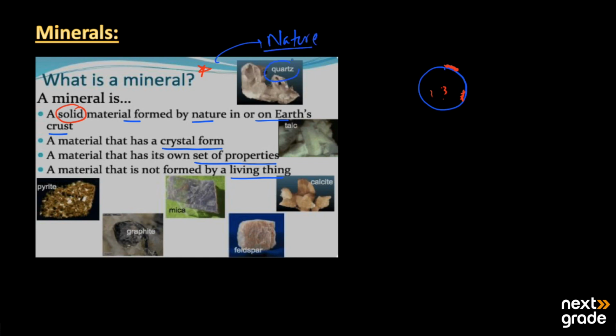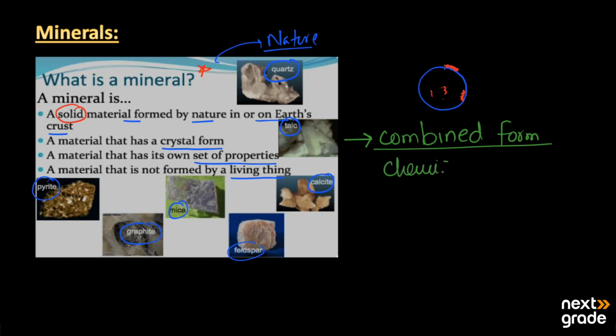Here we have the examples of quartz, talc, calcite, mica, feldspar, graphite, and pyrite. All are minerals. By definition, the majority of the metals are found in combined form, and they have a definite chemical composition.